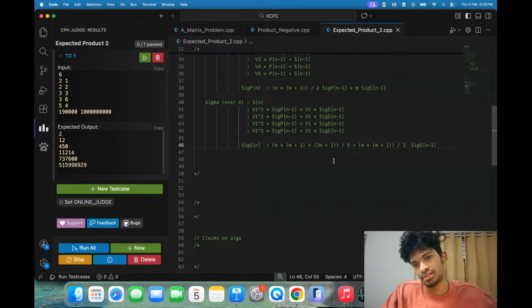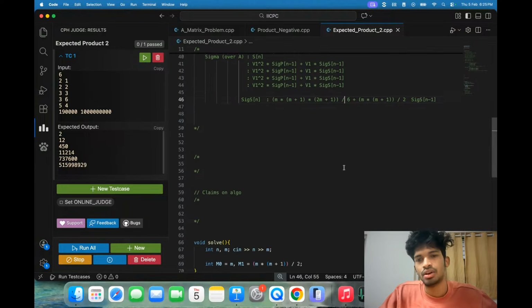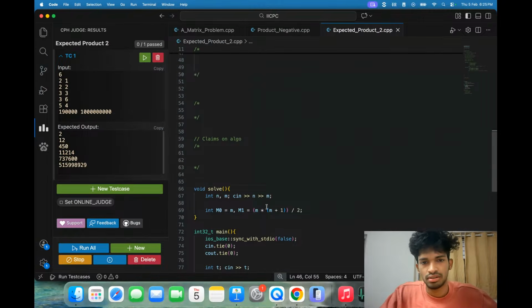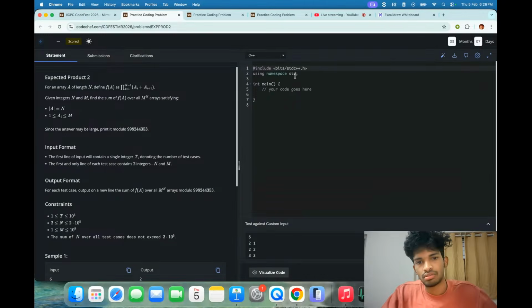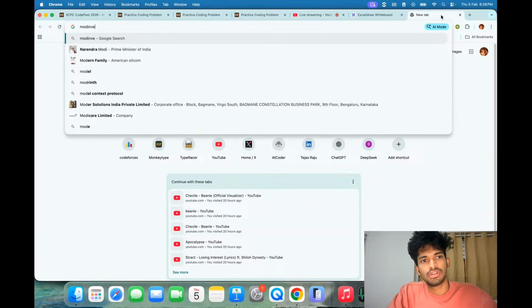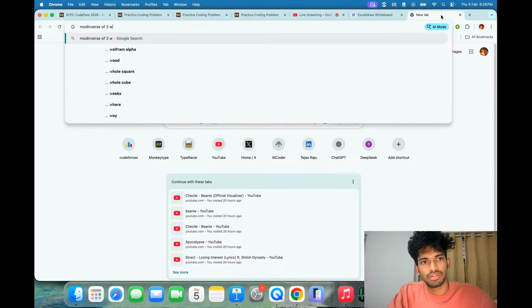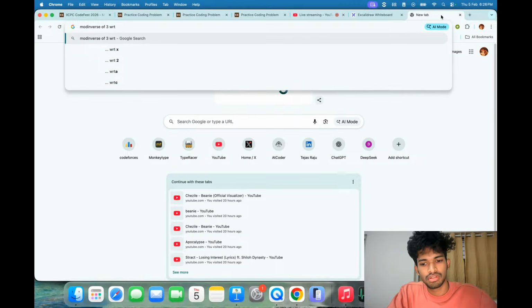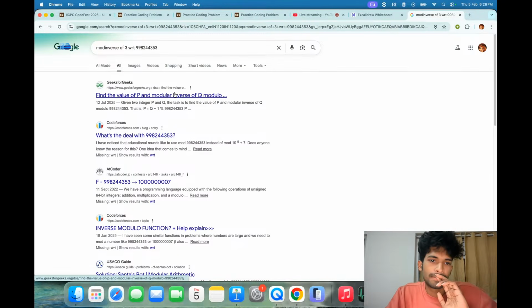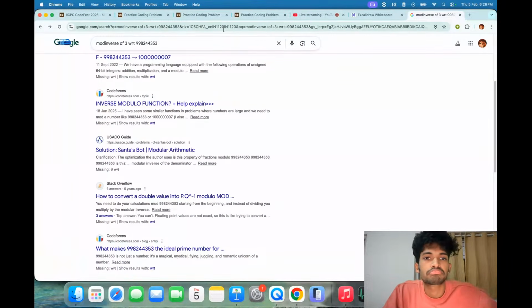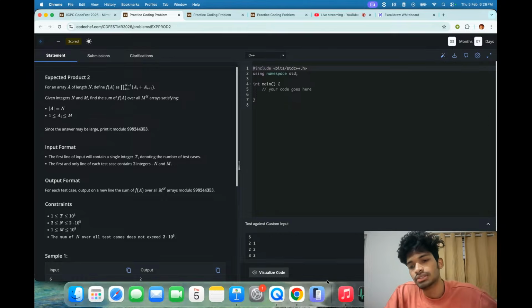We want this. Can you get this without dividing by 3? What is the mod inverse of 3? How do we get that now?